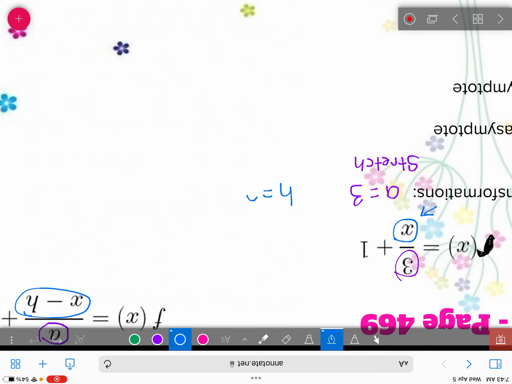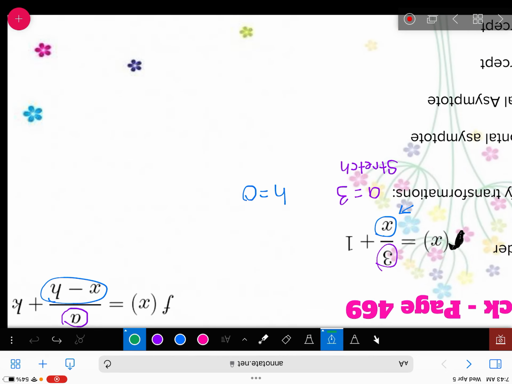Nothing. So there's no horizontal transformation here. What's my k value? 1. Which means it goes up 1.